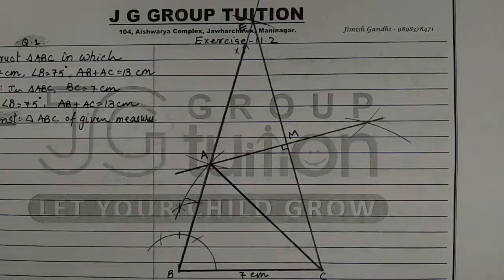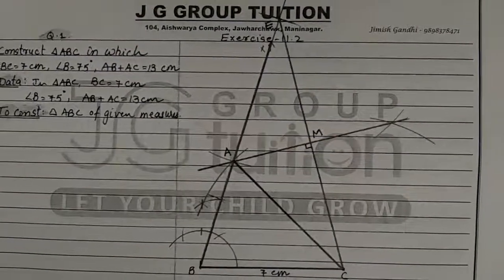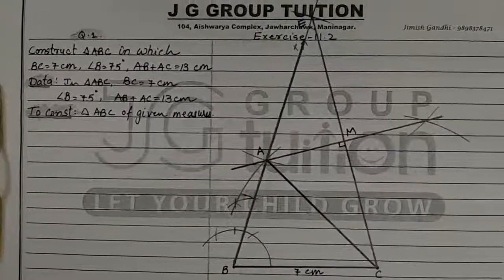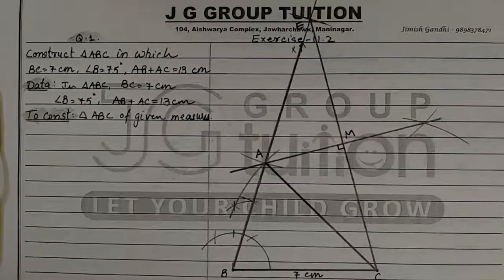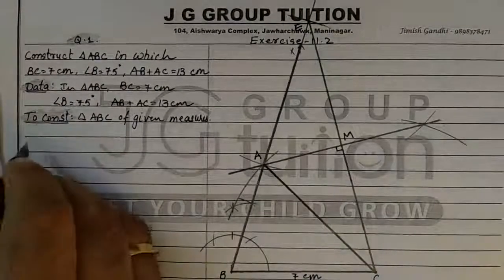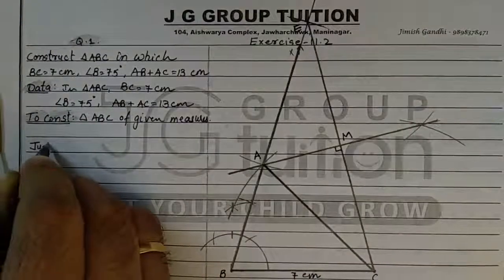Now let us justify how ABC is the required triangle.